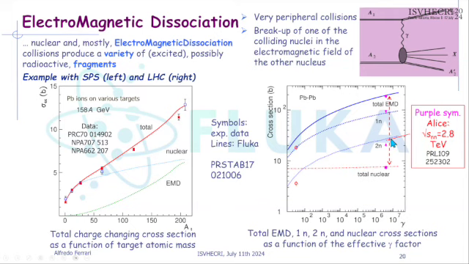You can see that the code is really nicely able to predict correctly the cross-sections and also the split in 1 neutron, 2 neutrons, the rest. On the left, you have 150 GeV per nucleon. These are SPS data. Again, lead projectile on several targets, from light ones to very heavy ones. Again, the cross-section as predicted and as measured.